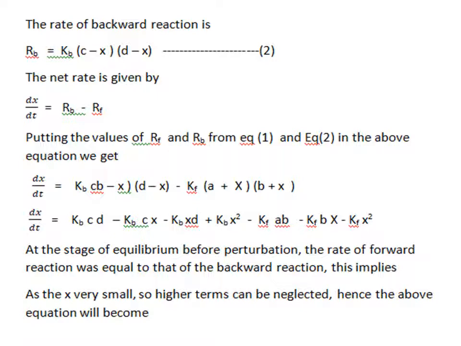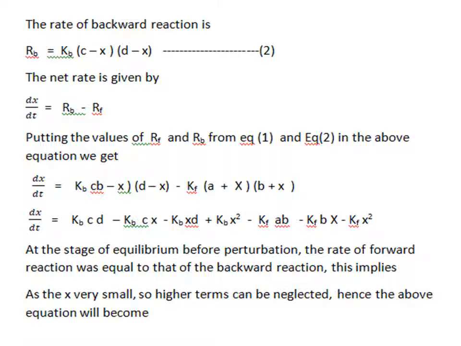Now open the brackets and multiplying by kb and kf, we will get kbcd minus kbcx minus kbxd plus kbx square minus kfab minus kfbx minus kfx square. At the stage of equilibrium before perturbation, the rate of forward reaction was equal to that of backward reaction.